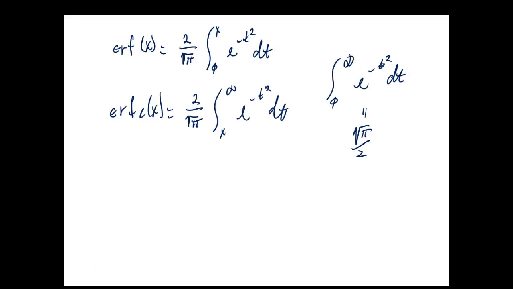I didn't know that's what they were getting at too. If that is equal to that, then you can divide both sides by root pi over 2, which is multiplying both sides by 2 over root pi, and you get that the integral from 0 to infinity of e to the minus t squared dt, with 2 over root pi in front, is equal to 1.